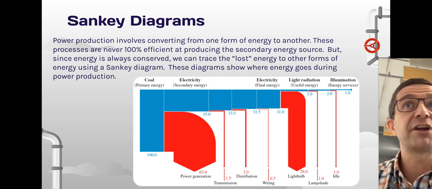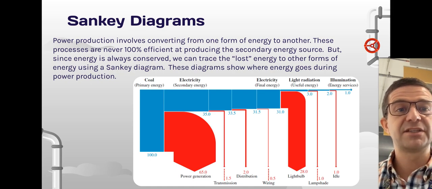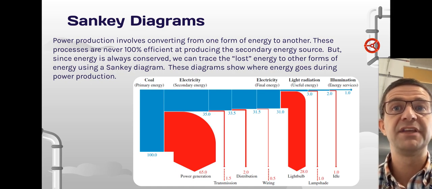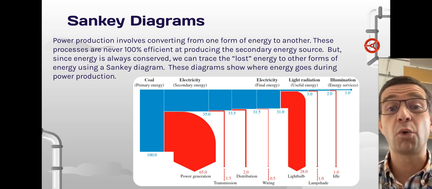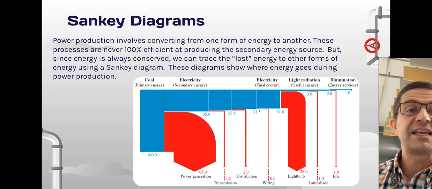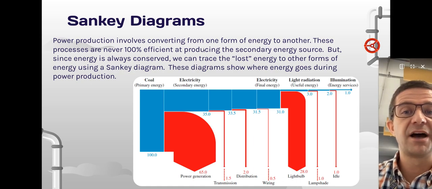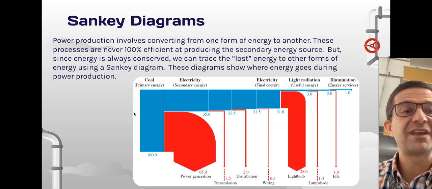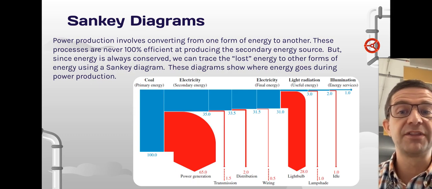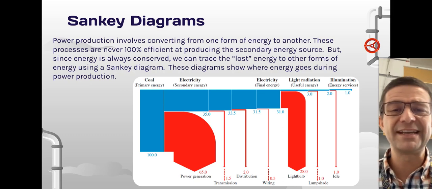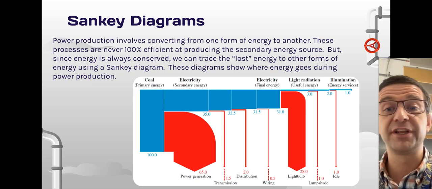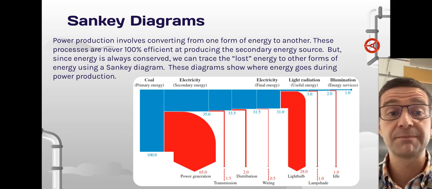We think about friction as converting some of the kinetic energy into thermal energy that is dissipated or wasted. And the same thing is true inside of power plants. And following that energy to see where those inefficiencies are, to see where the energy is lost, because of course it's never truly lost, it's just converted into a form that we can't use.